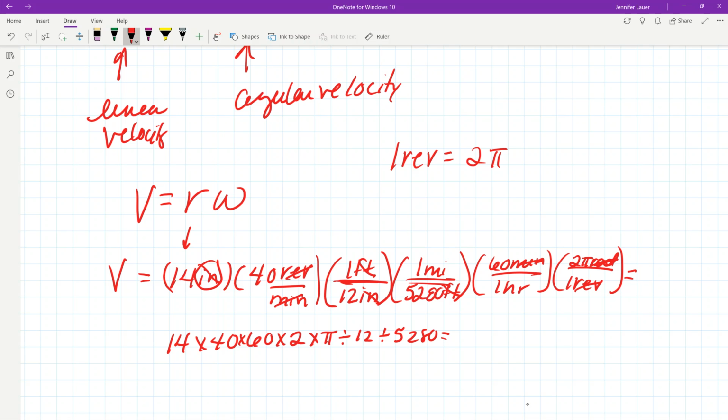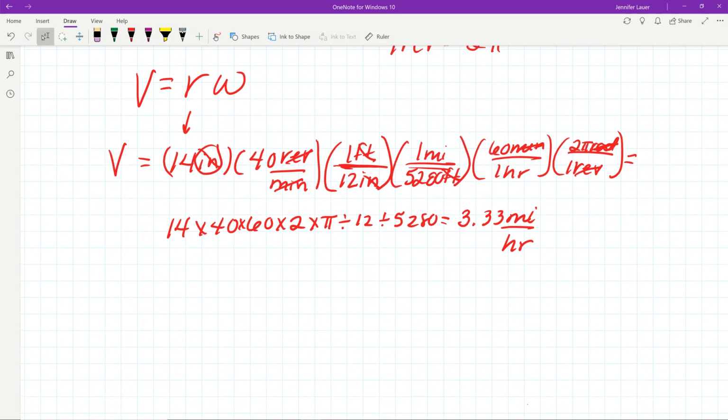So I'm going to grab my calculator and put it through, and you try it too, because you want to make sure that you're putting it in correctly. It's 14 times 40 times 60 times 2 times pi divided by 12 divided by 5,280. So our answer is actually 3.33 miles per hour. Be careful with those.